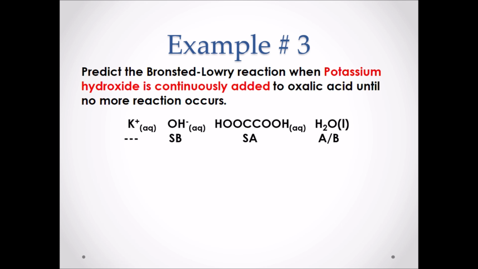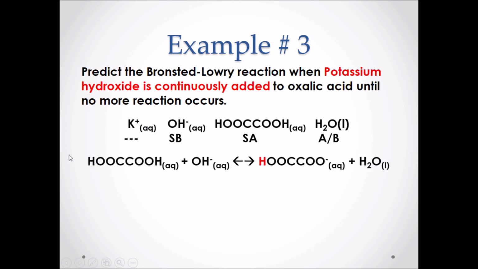We can then write our first chemical equation. So we have oxalic acid giving a hydrogen to OH- to form the products HOOCCOO- plus H2O. HOOCCOO- still has another hydrogen that it can transfer.